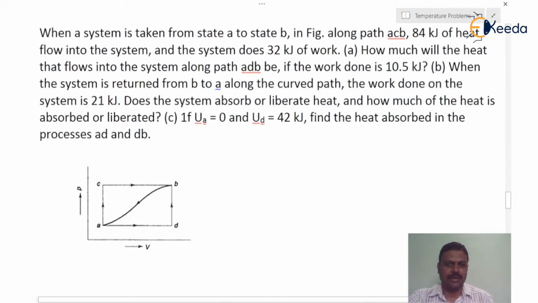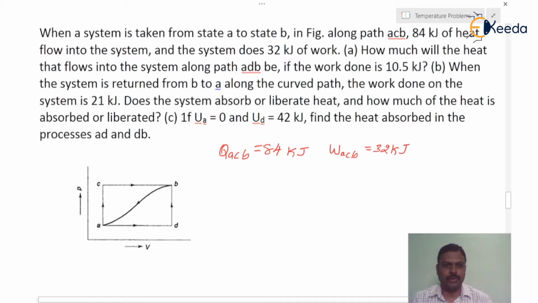So first let us list the given data. Along the process AB, the heat interaction QACB equal to 84 kilojoules, that is heat flow that takes place into the system, and it does work of 32 kilojoules. So WACB equal to 32 kilojoules.